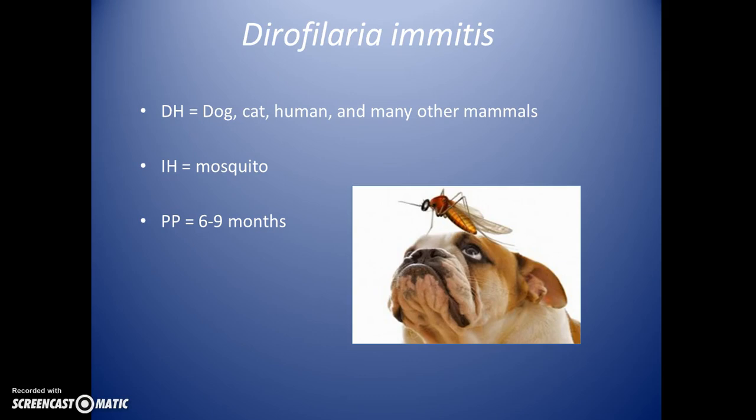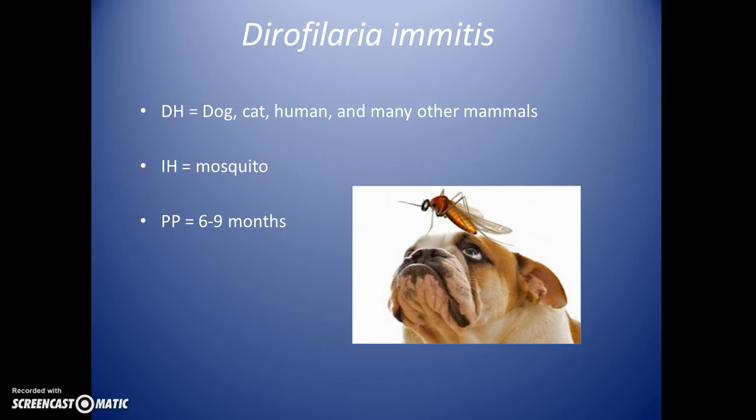Dirofilaria immitis will infect the dog, cat, human, and many other mammals as well. There is an intermediate host for Dirofilaria immitis, and it is the mosquito. This parasite cannot complete its life cycle without being taken in by the mosquito, where the parasite can mature into its proper larval stage before being injected back into an uninfected mammal.